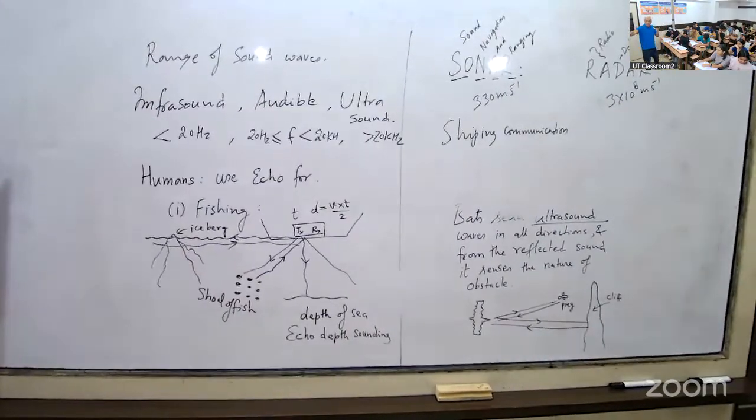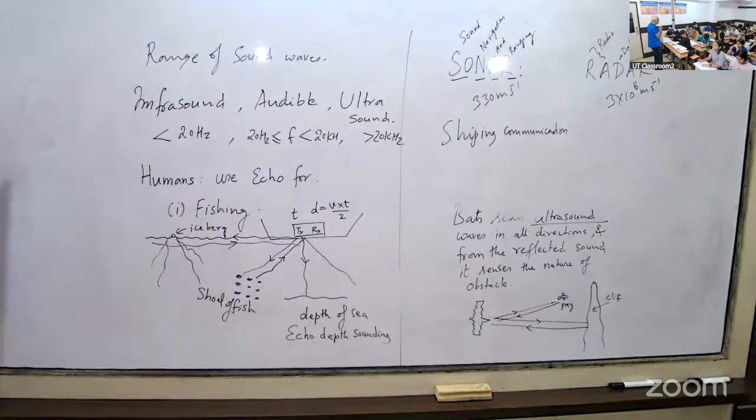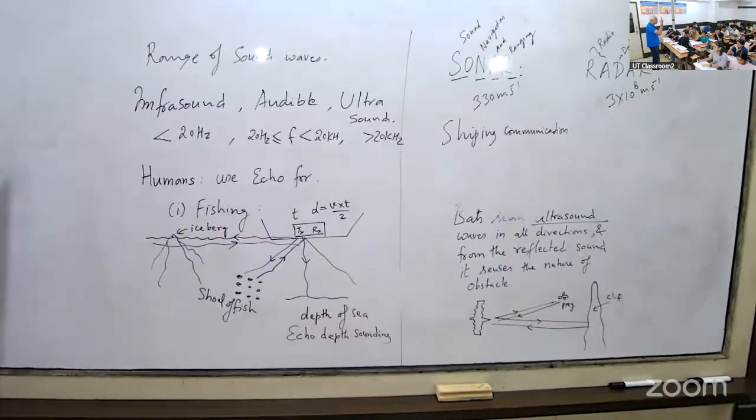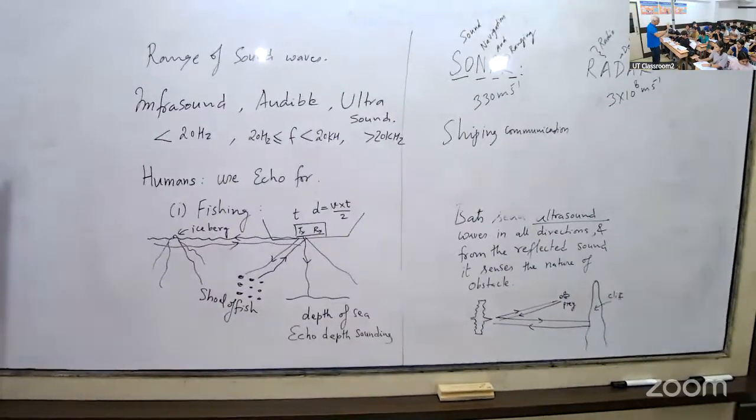Who is doing that for us? The sonar device will give us the time of echo. Once the time of echo is measured, V, the velocity of the sound wave in different media, is already known to us. So V is known, time we found experimentally, so D can be calculated. Is that clear?